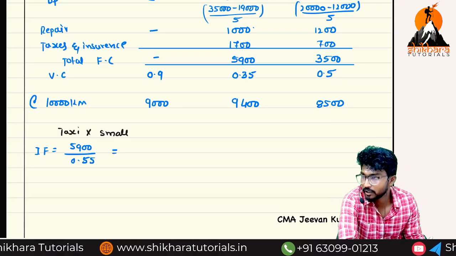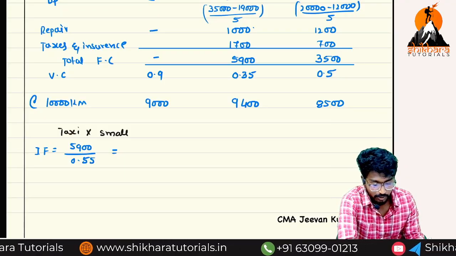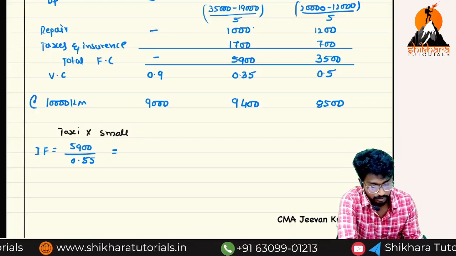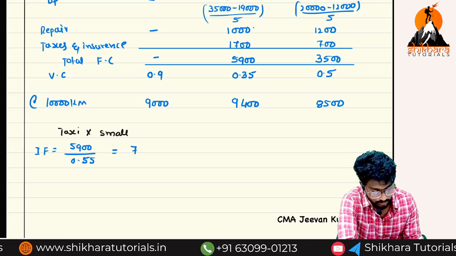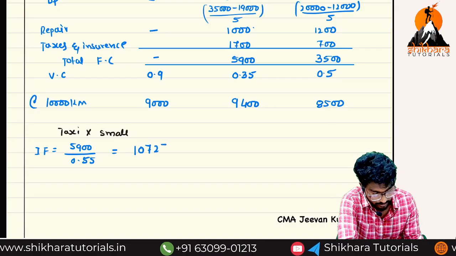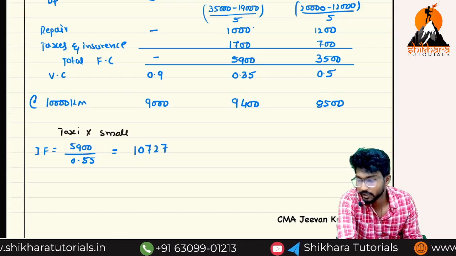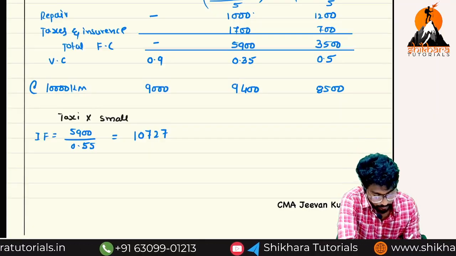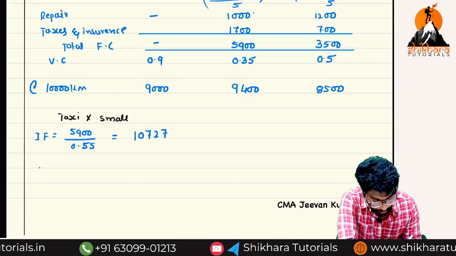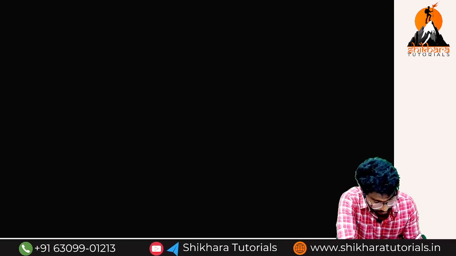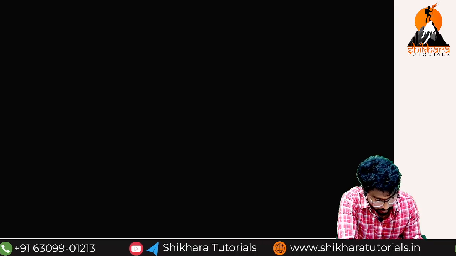What is the indifference point? 5,900 divided by 0.55 is 10,727. That is the indifference point. Now give the interpretation or decision making: if actual usage is greater than 10,727.